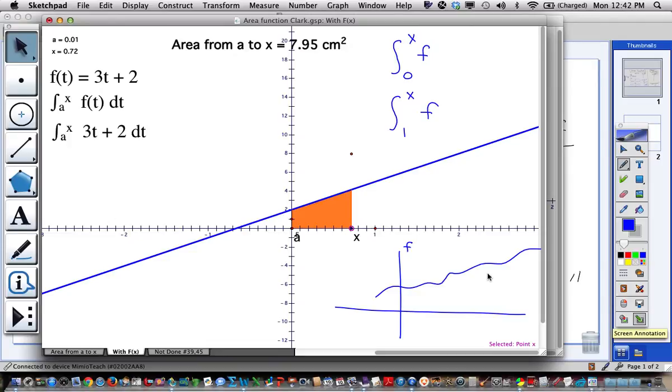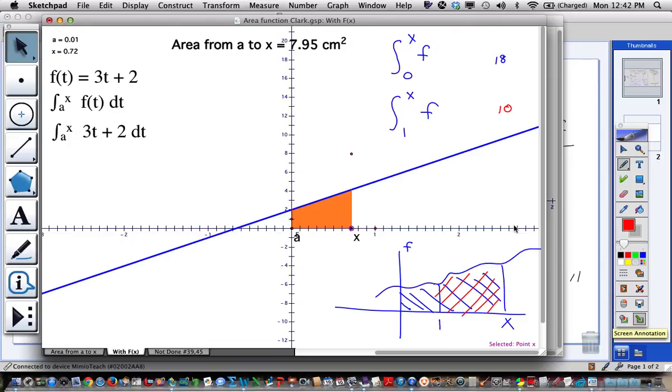And let's put x way out here, and here is 1. So here we have the integral from 0 to x. Correct? And let's say for this particular x spot, that's 18. And let's change color, and let's say that from 1 to x is the red, and let's say that's 10.